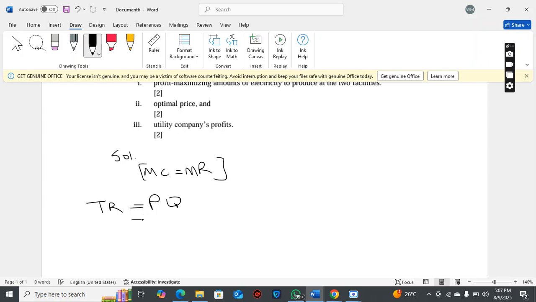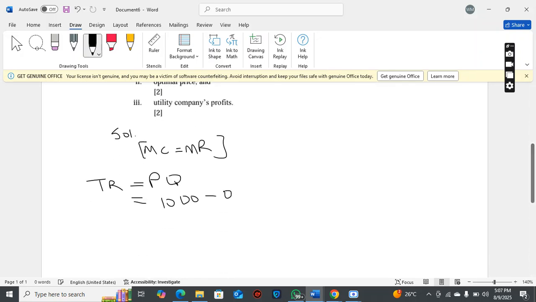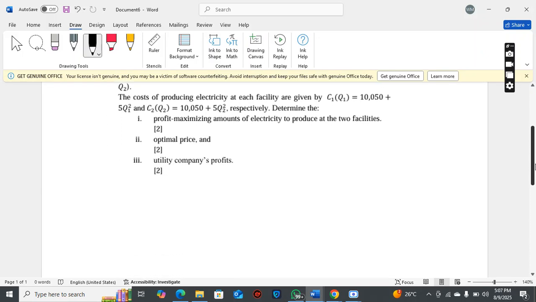So here our price is 1000 minus 0.5Q, multiplied by our quantity Q. This is the total revenue for both Kariba Dam and Victoria Falls.